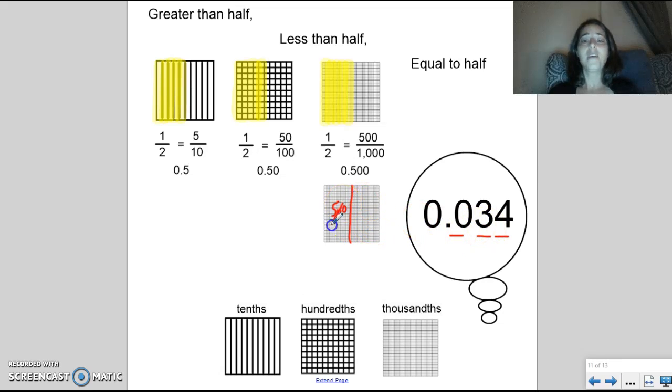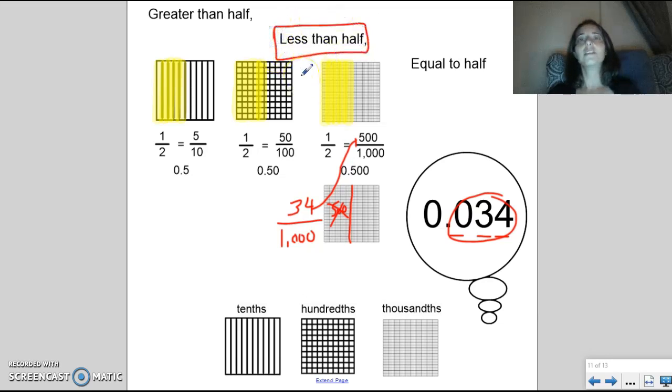I only have a measly 34 out of these 1,000 pieces here, because I have 34 thousandths. Since 34 is way less than 500, then I know that 34 thousandths as a decimal part is actually representing an amount that is quite less than half.